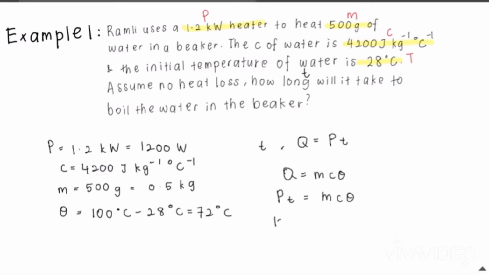P is 1,200, T equals mass 0.5 times C, 4,200 times theta, the change in temperature, which is 72 degrees Celsius. So, after arranging and calculating, you will get T equals 126 seconds. Or you change it to minutes, 2 minutes and 6 seconds. Just as simple as that.